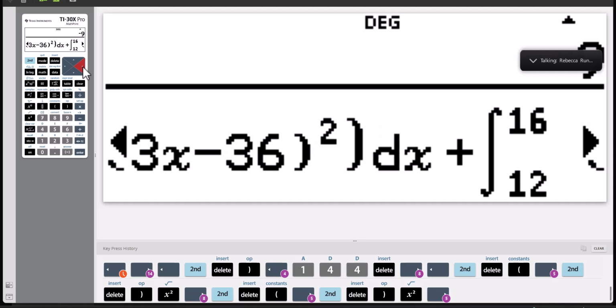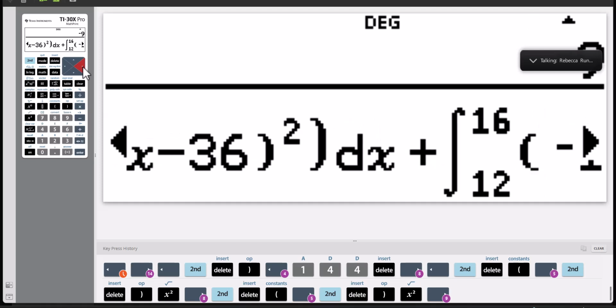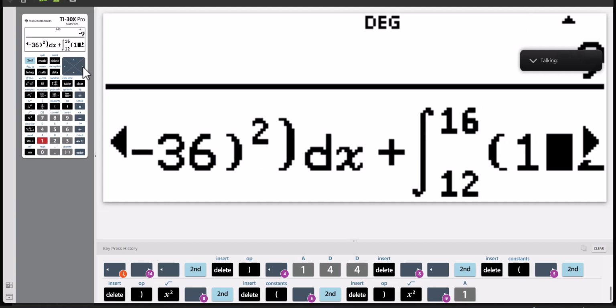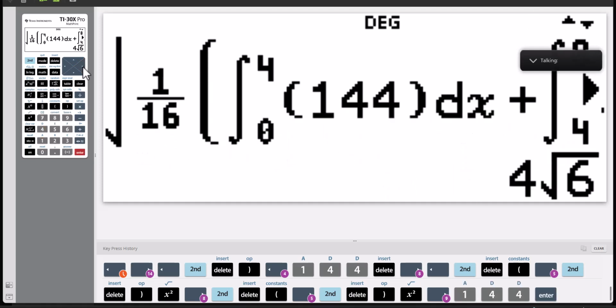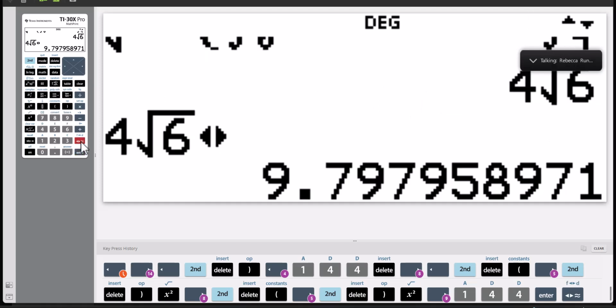And then this last one needs to be 144. And 9.8 is the answer, 9.8 amps.